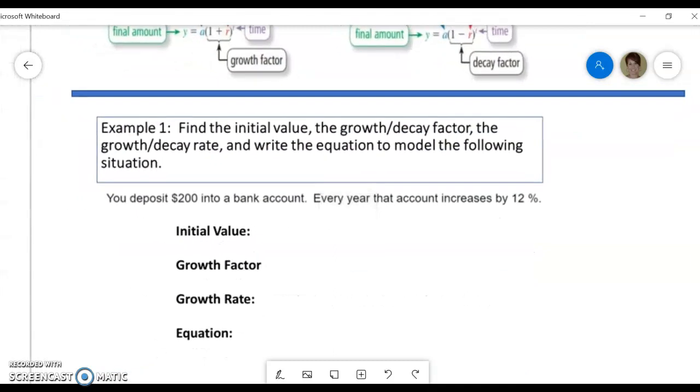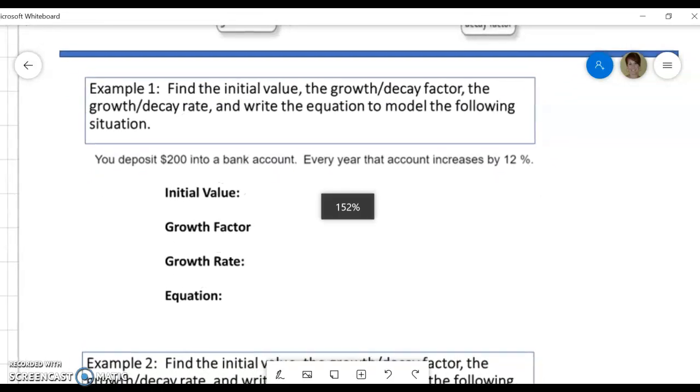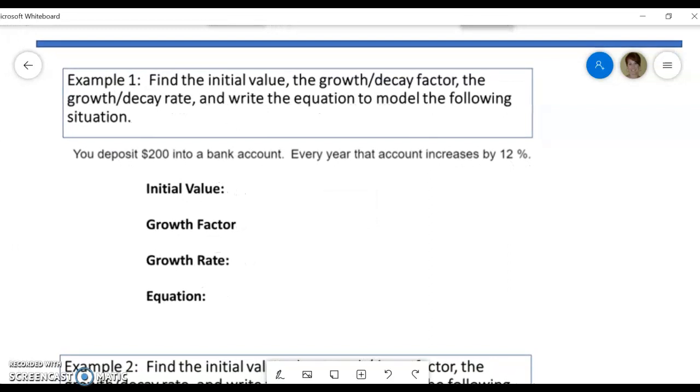So for example one, you're going to find the initial value, the growth or decay factor, the growth or decay rate, and write the equation to model the following situation. So this will hopefully help a little bit with what we talked about in that Nearpod about the coronavirus.